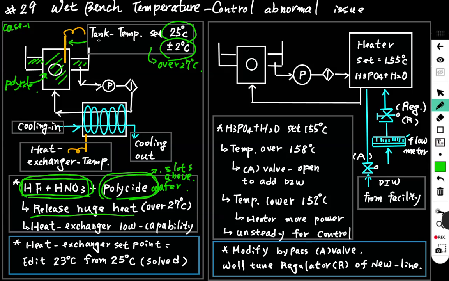It lets the tank temperature rise over 27, and 27 above is our alarm limit. So over 27 degrees centigrade we get the alarm.